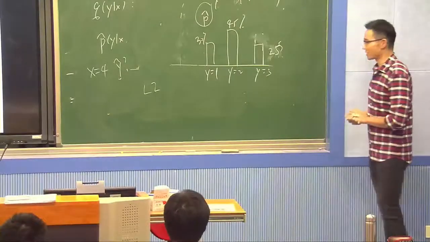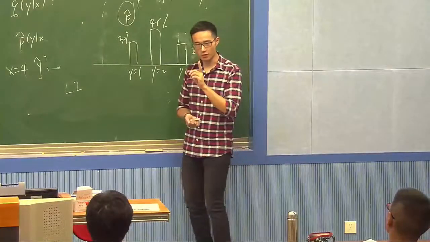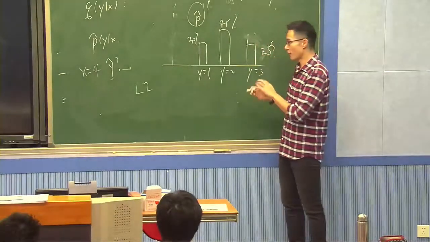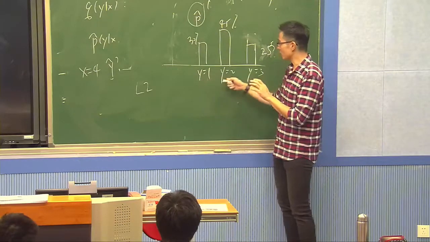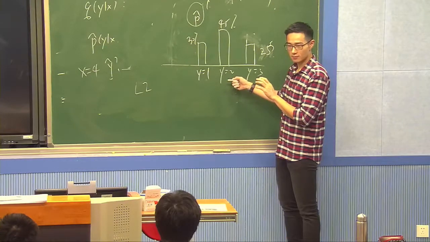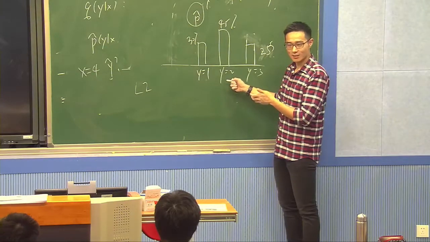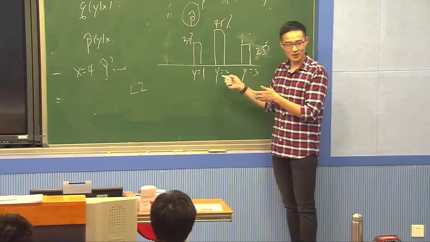That's my estimation. Now, if I want to make a single prediction of Y, which value of Y should I predict? Should I predict Y equal to 1 or 2 or 3? 2. Why? Because it's the highest probability. Well, the answer is you can predict any one of them. Again, why?